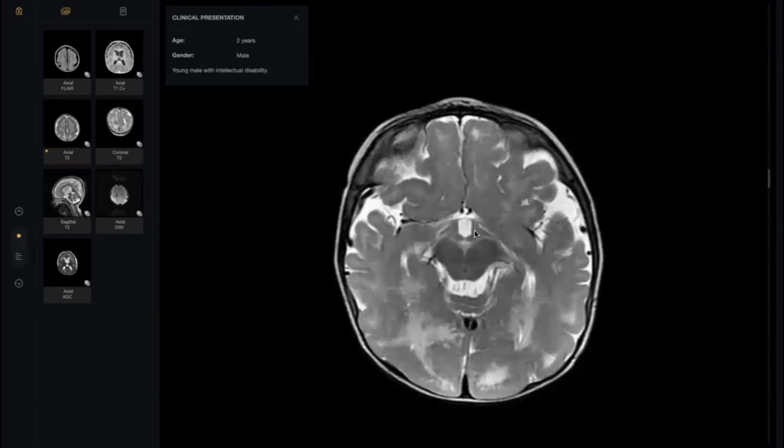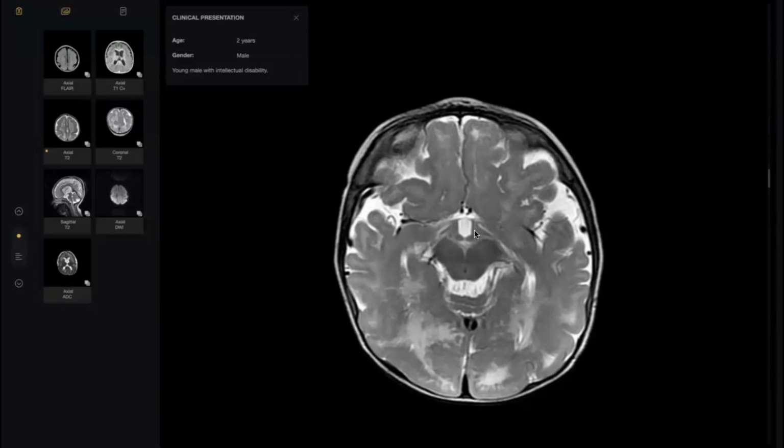Doctor, what is the difference between dysmyelination and demyelination? Sir, in demyelination there's inflammation. Dysmyelination is abnormal white matter growth. Dysmyelinating diseases are usually congenital, abnormal white matter in the growth.